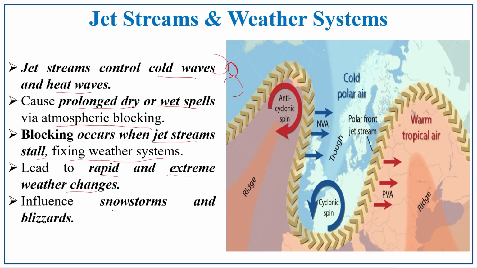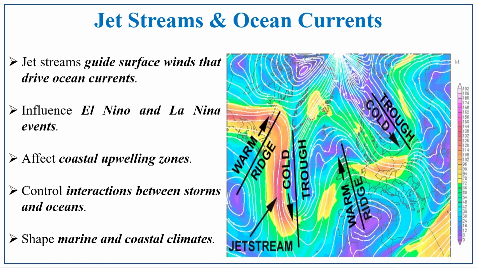Snowstorms and blizzards are also highly influenced by jet streams. Jet stream and ocean currents, that is, the jet stream guides surface winds and drives ocean currents. So the ocean circulation, water circulation, is also mainly influenced by jet streams. It influences El Nino and La Nina events.